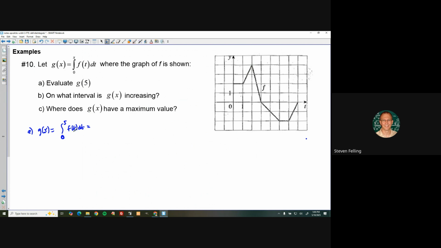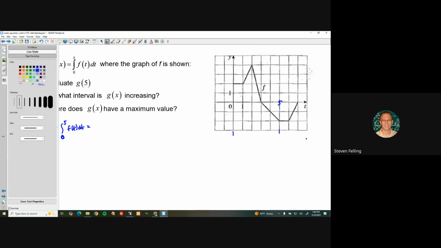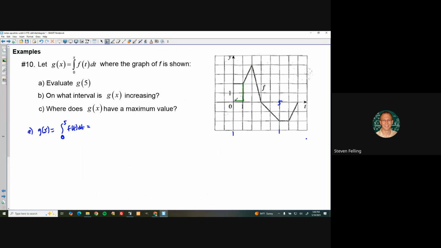This also means the area under the curve from x is 0 here to 1, 2, 3, 4, 5. This is 5 right here. So we want the area under the curve. So it looks to me like we can use geometry to evaluate this. We've got a positive area there, which is 2. We have a positive area there, which is 2. We have a positive area here, which is half of 2, so that's 1.